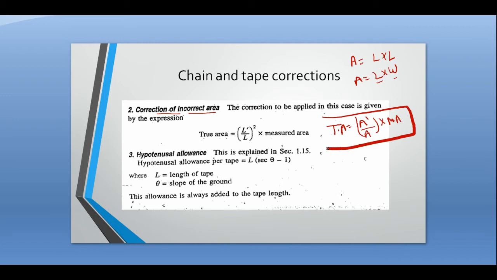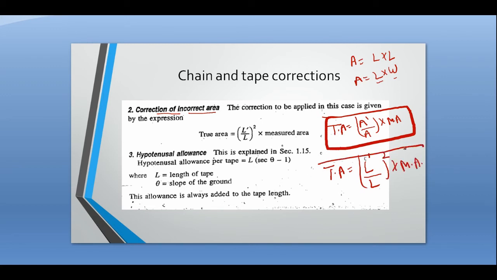If the area is not directly mentioned, we have to take it in terms of dimensions, if length and width are given. True area is given in terms of L, because it can be a rectangle or a square, so it depends upon the conditions given. So it will be L dash upon L, whole squared, multiplied by the measured area.